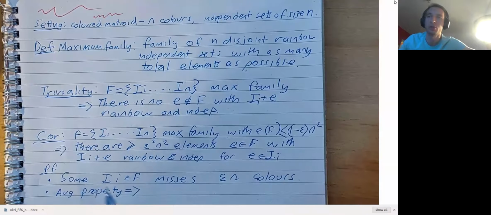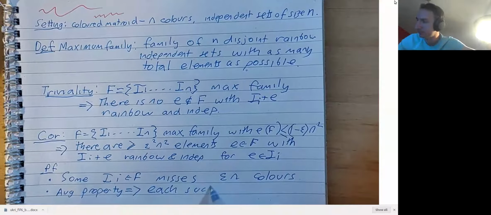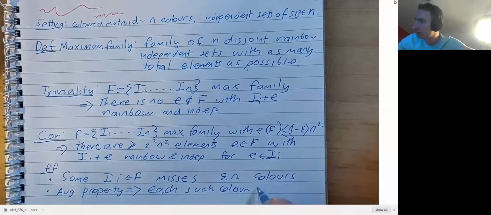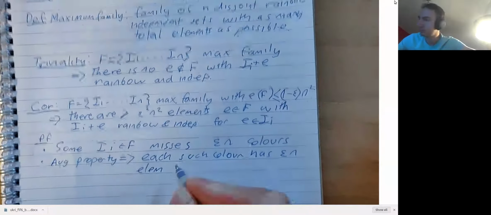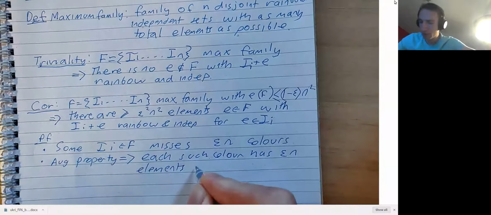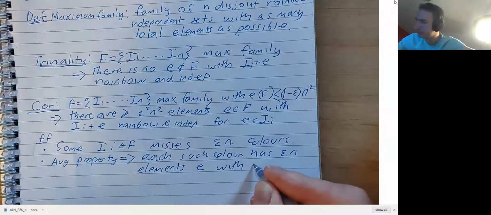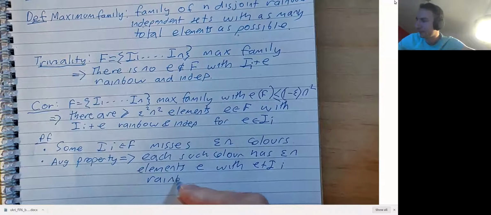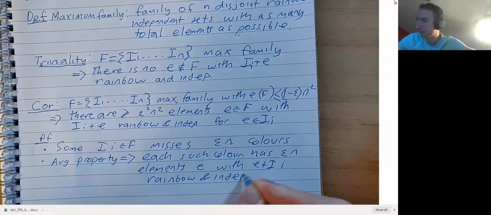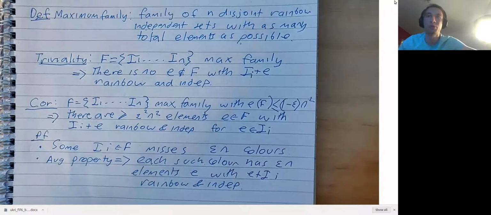So from each of these missing colors, you can move epsilon n elements into this set. So each such color has epsilon n elements which you can move into the independent set to get a new rainbow independent set.